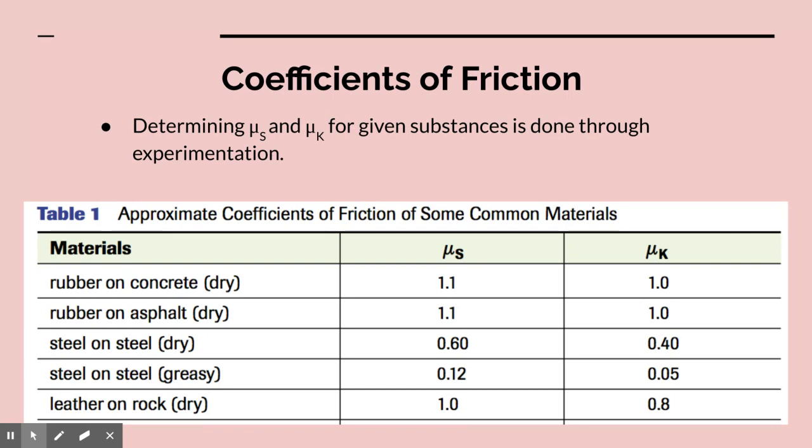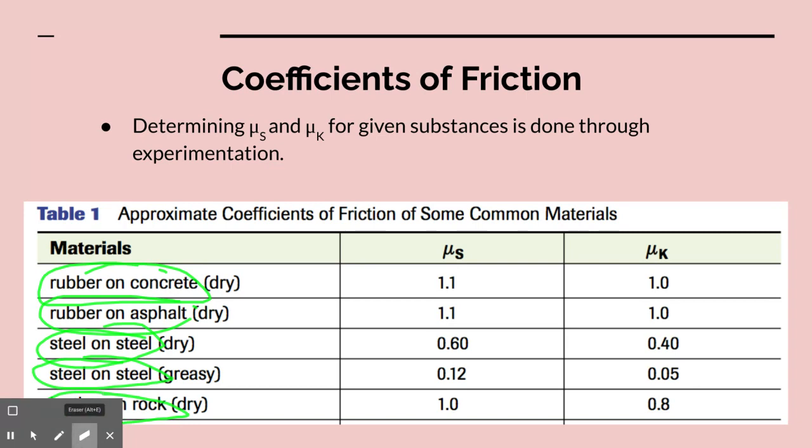But anyway, when you break these down, generally speaking, this is what it looks like. And notice that they specify the material that the object is on. So rubber on concrete, rubber on asphalt, steel on steel, leather on rock.